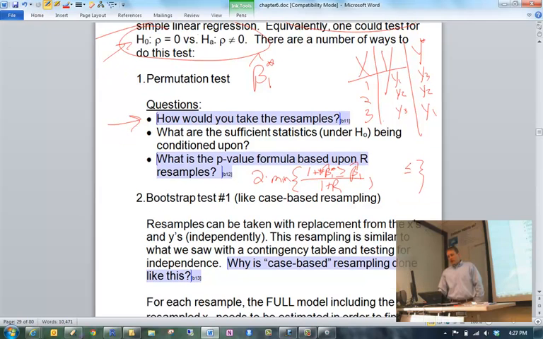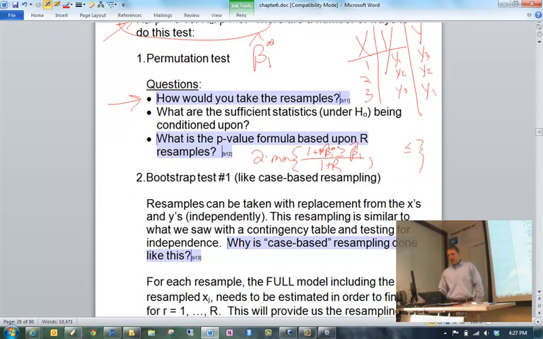Well, how can we do this with the bootstrap? How about we do case-based resampling? Now, when we're not resampling under the null hypothesis, what we're doing is resampling XY pairs. When we need to resample under the null hypothesis, we're going to resample from the X's and also resample from the Y's independently of one another, because it's under the null hypothesis, and then put them back together.